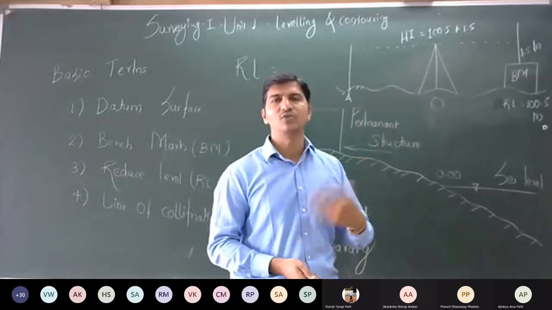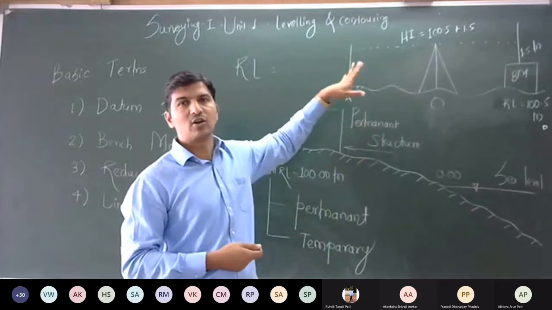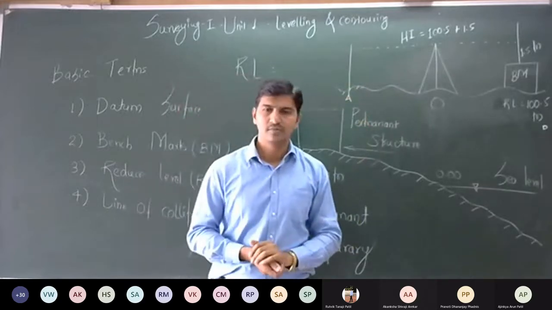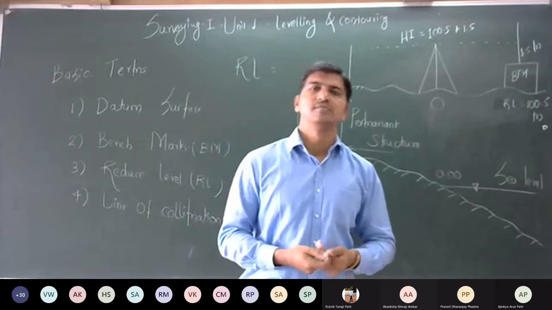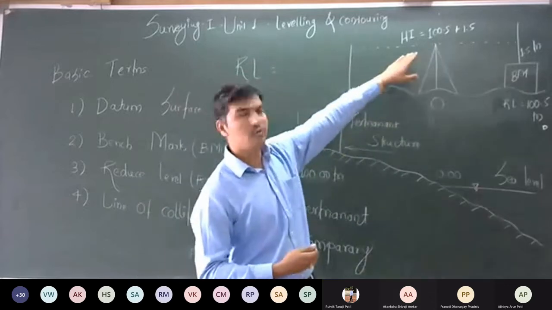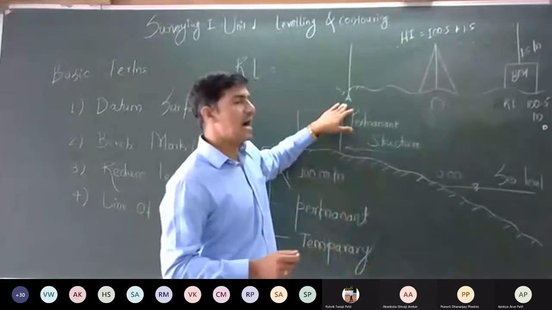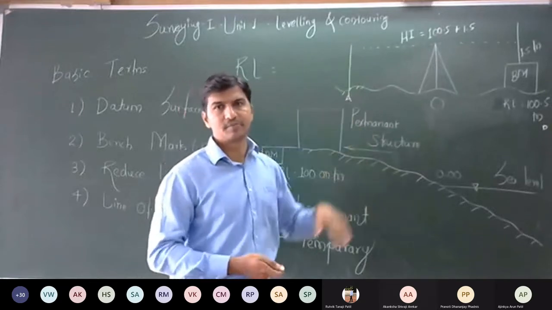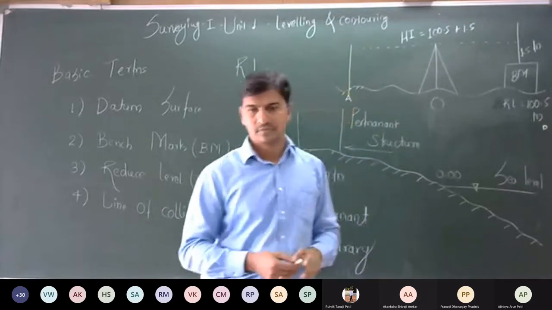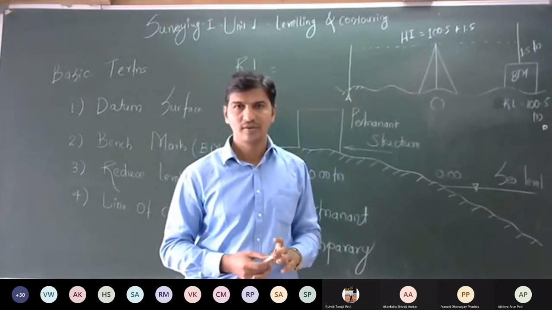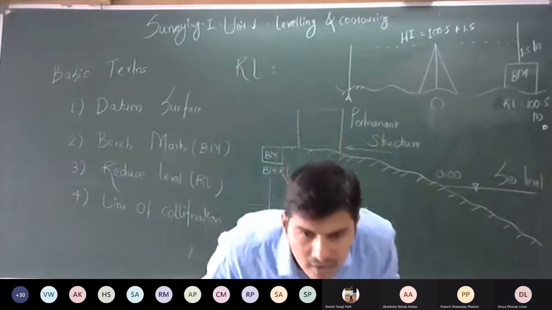What will I do next, second year? I would like to find out the RL of point A. I am not teaching you anything new. If we know the height of instrument, what procedure do we follow to find out the RL of point A? Yes, Divya, go ahead.